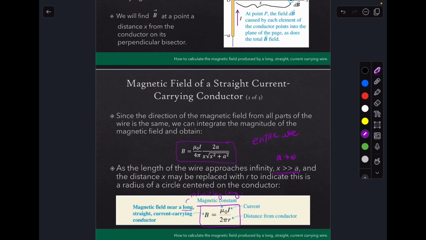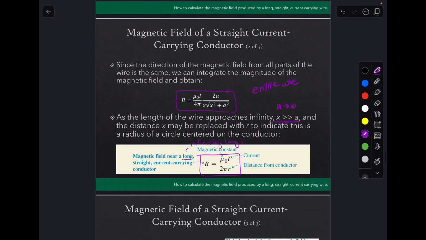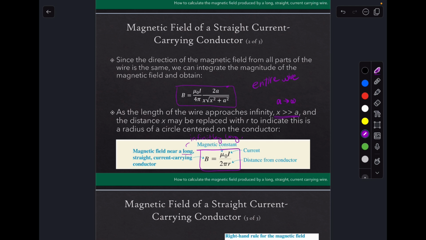And so when you perform the limit on this function here, what you find is that you end up getting B equals mu naught I divided by 2 pi x, where x is that distance from the wire. Well, instead of using the letter x, we're going to use the letter r, where r is the distance away from the wire.